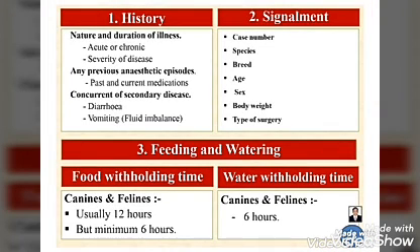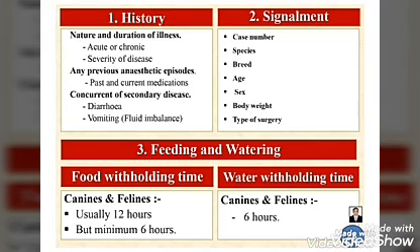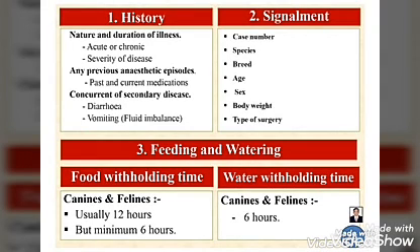The first evaluation point is the history. The duration and nature of the illness determine the duration and type of anesthetic required. Patients with renal and hepatic failure, meaning those affected with renal and hepatic affections, require close monitoring during anesthesia. Both systems are compromised, so close monitoring is required.